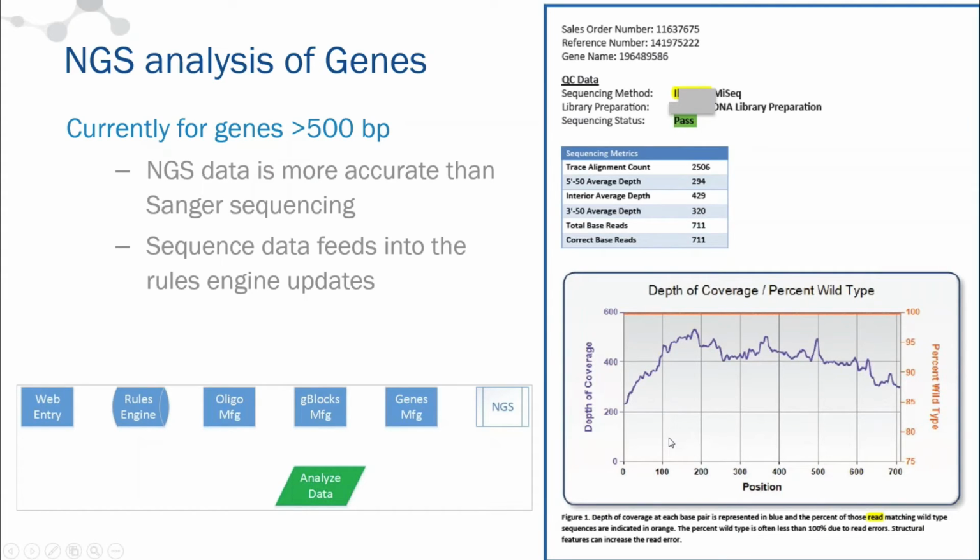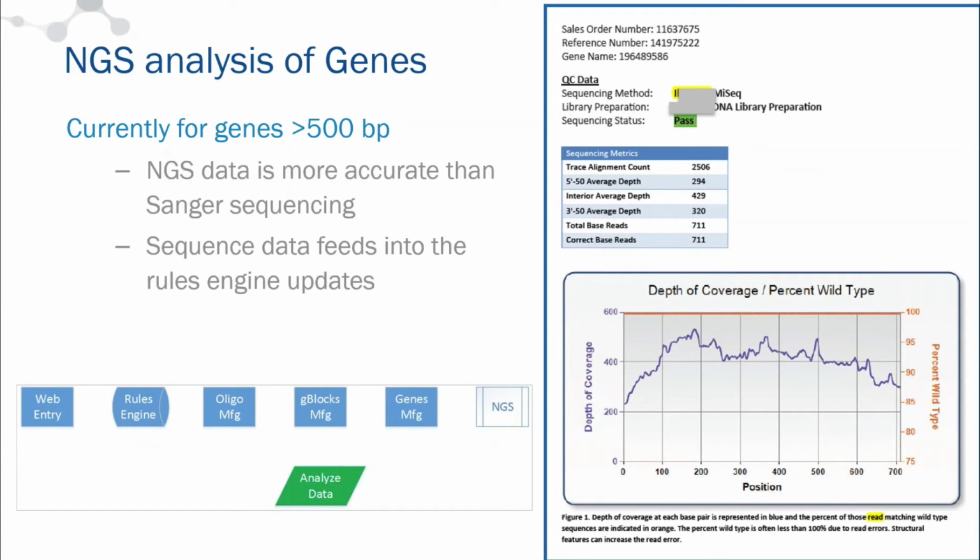Now, all of our gene sequences are cloned and grown from a clonal population, but particularly in sequences that may have some toxicity or some instability, those clonal populations are not always 100% the same. There's some heterogeneity sometimes within those sequences, and we can identify that using NGS analysis to a level that we couldn't with traditional Sanger sequencing.